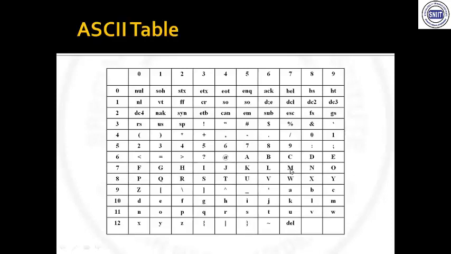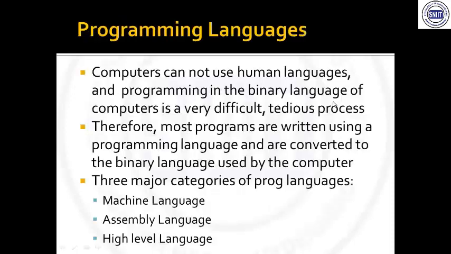Whatever character we type, in whatever language, every character has its own ASCII code that will be converted into binary code. That binary code consists of zeros and ones only. Whatever message or character you type in the programming, it will be converted into ASCII. But you will feel bored if you hear all these concepts here itself. In future, we will go in depth about it. So this is the ASCII table. The different codes will be there. I will let you know that later.